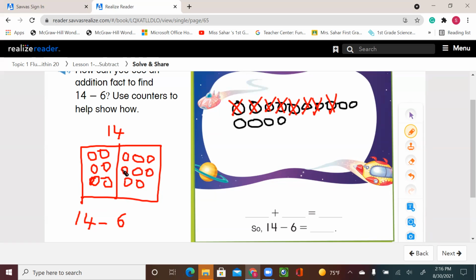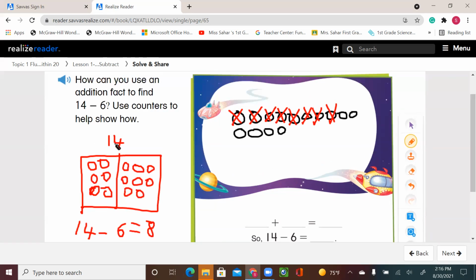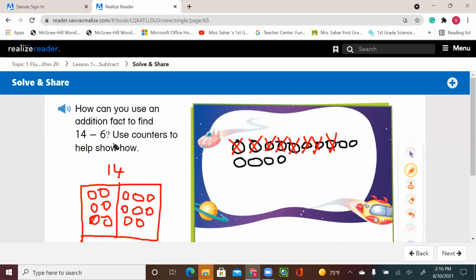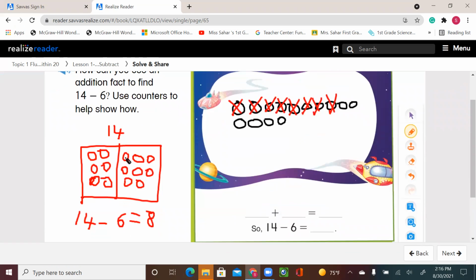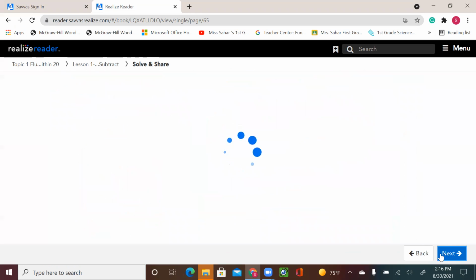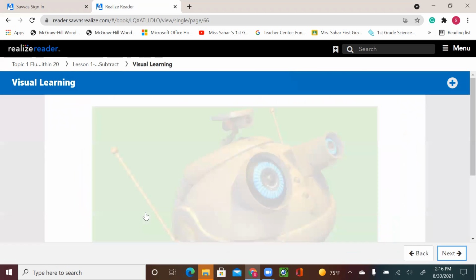So 1, 2, 3, 4, 5, 6, 7, 8 equals 8. So that was first grade, but now we're in second grade. So we need to find the relation between subtracting and addition. And that's why the lesson today is think addition to subtract. Let's go to the next page and listen to the video.